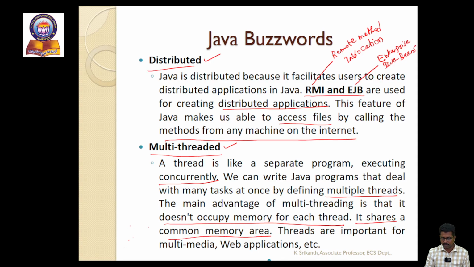That's why Java became popular, because it supports multi-threading, where all threads are stored in a common address and context switching between the threads is very easy. Using threads, we can develop applications related to multimedia or web applications.